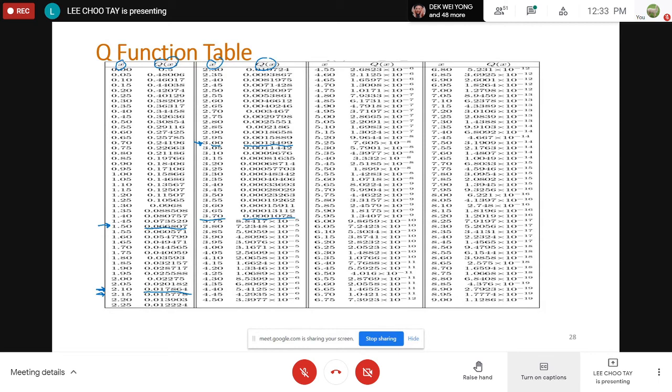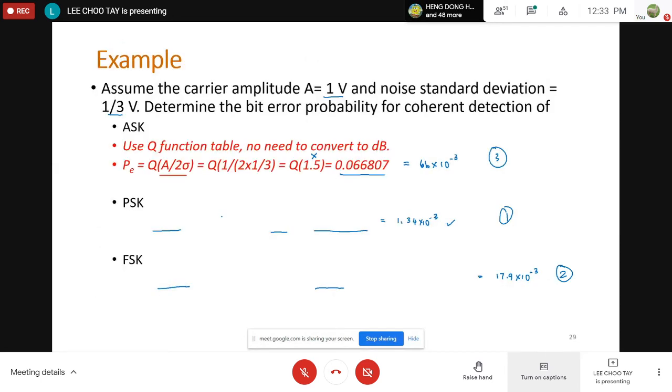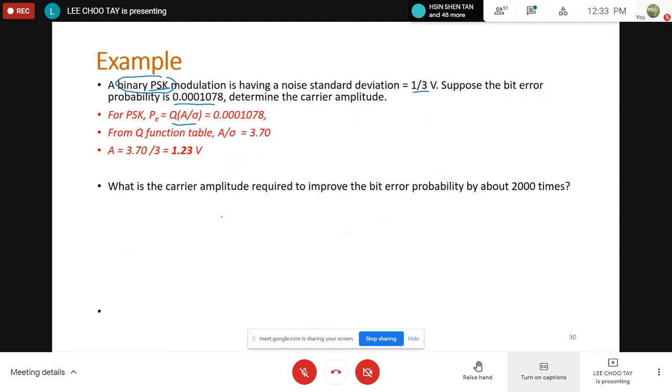With Q of X equal to 0.001078, the X value needs to be 3.7. So that gives us A over sigma must be 3.7. Now sigma is 1/3, so that gives us A equals 1.23 volt. That means we need to send the signal with a carrier amplitude of 1.23 volt.